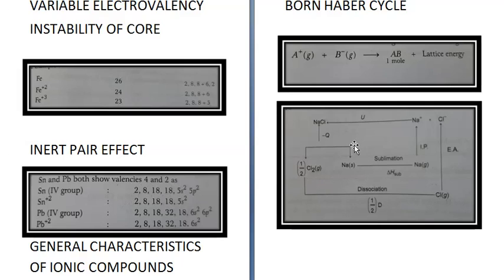Whereas Na is simply getting converted into Na plus, and lattice energy is over here. Now this Na, when heated, sublimes to give sodium in gaseous state. The sodium was solid and it sublimes to give sodium in gaseous state.